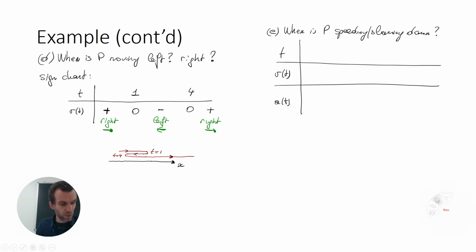Now we have three values to take into account. So we have 1, 5/2, and 4. So these make the velocity 0. This one makes the acceleration 0. And we know that the signs of the velocity are plus, minus, minus, minus, plus. And then for the acceleration, we have minus, minus, minus, plus, plus, plus.